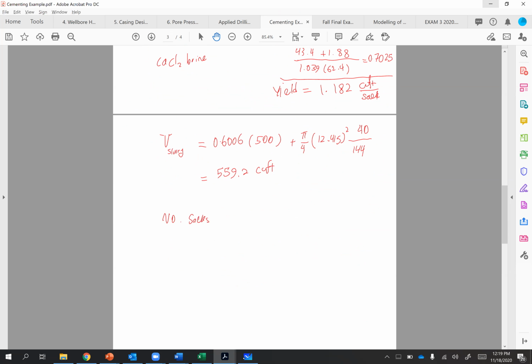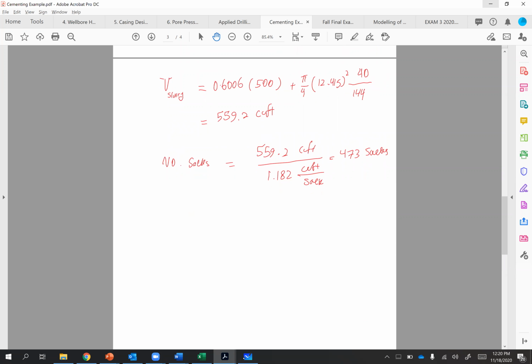And that number of sacks is going to be basically your volume, which is 559.2 cubic feet divided by the yield, which is 1.182 cubic feet per sack. And that's gonna give you 473 sacks of cement. So this is that part.